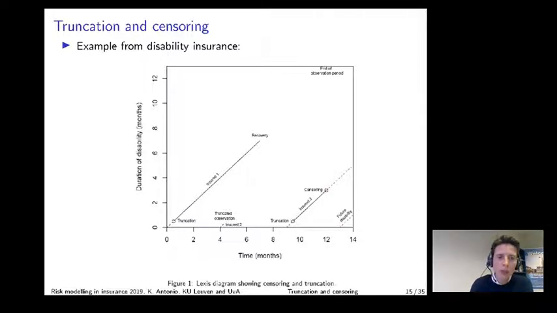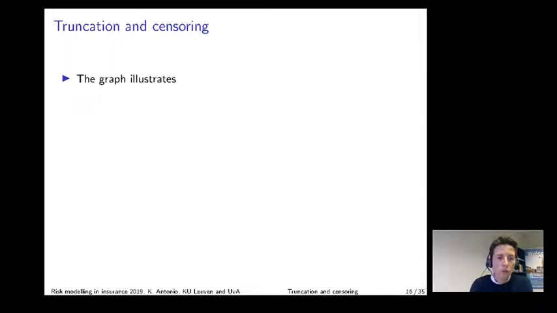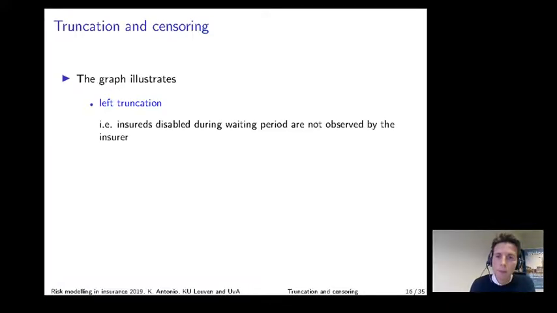Now, the phenomena illustrated on the previous sheet are loosely described here. So the data in this example are subject to left truncation and right censoring. Left truncation refers to the setting where insureds are disabled during the waiting period and are not observed by the insurer.